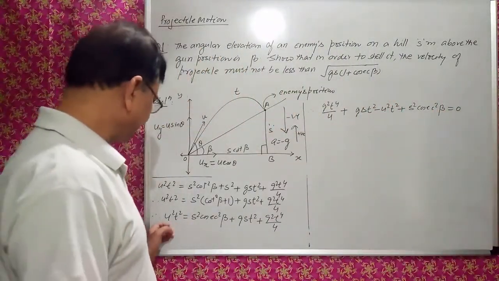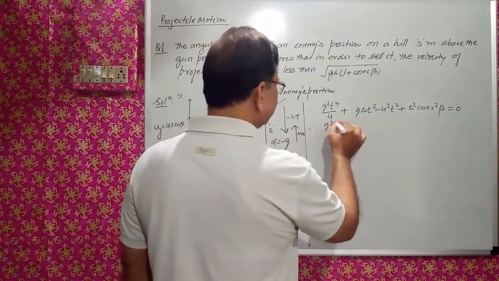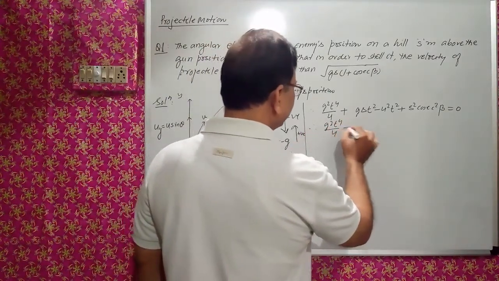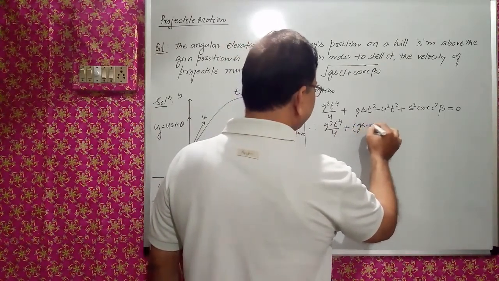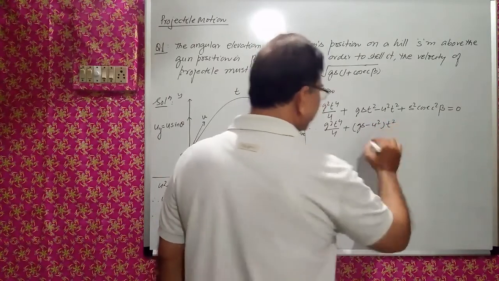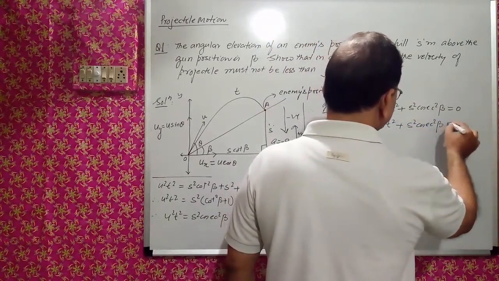Right? I have transferred u square t square to the other side. Therefore, g square t to the power 4 by 4 plus, taking t square common, we will write gs minus u square, t square plus s square cosec square beta is equal to 0.